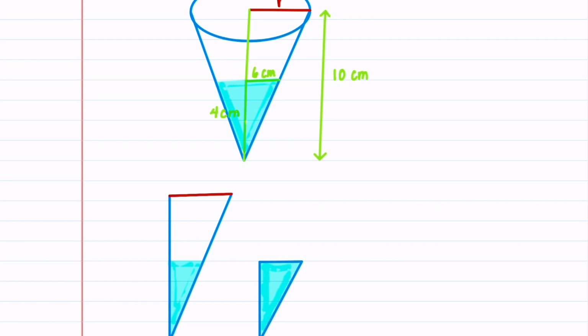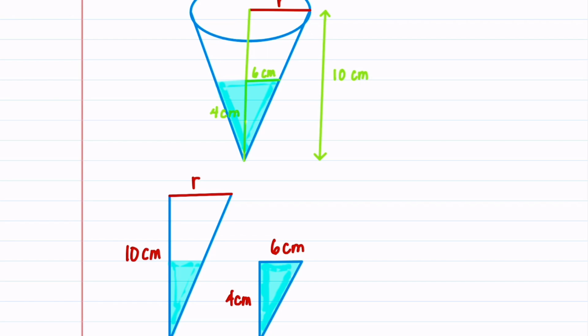So let's go ahead and label the side lengths of the triangles. For the big triangle, our top is our radius, and that's actually what we want to find. The left side in our big triangle is 10 centimeters. And then on our small triangle, the top part is 6 centimeters, and the left-hand side is 4 centimeters.